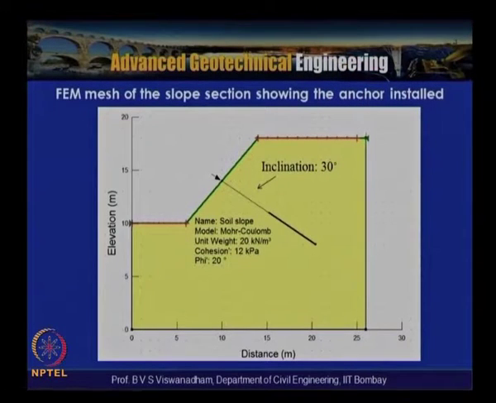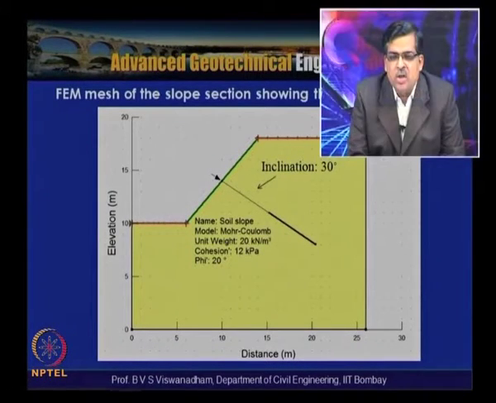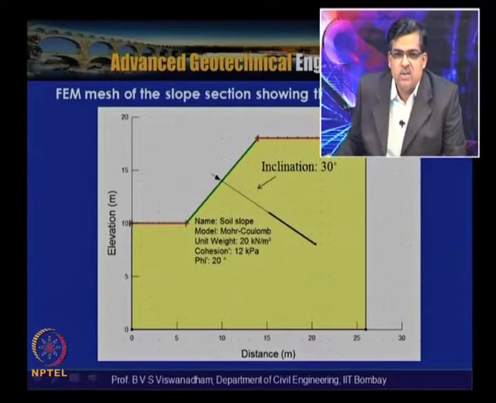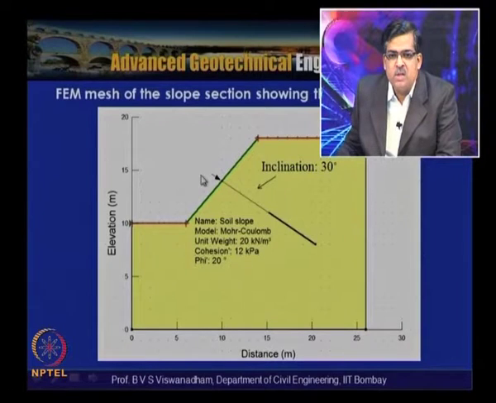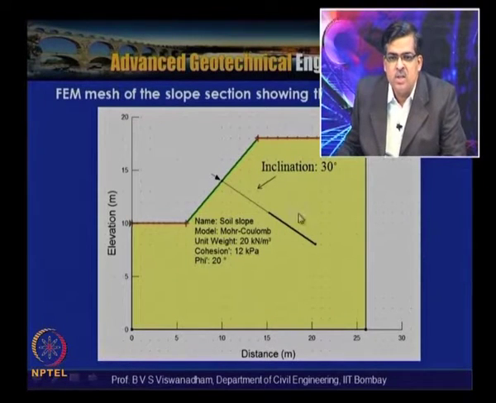Now this is the FEM mesh of the slope section showing the anchor installed. This is a cross section of the slope with anchor, and in this example a 30 degree inclination of the anchor with the horizontal was considered.